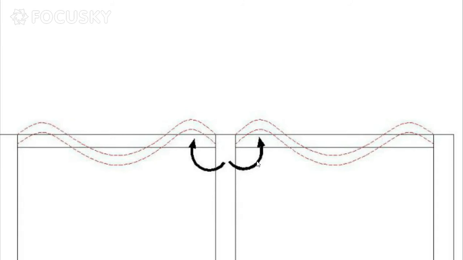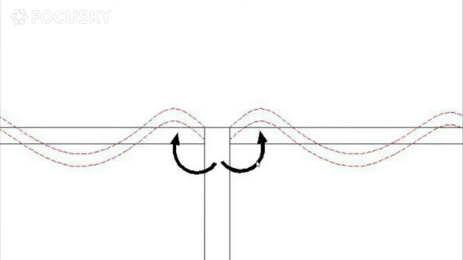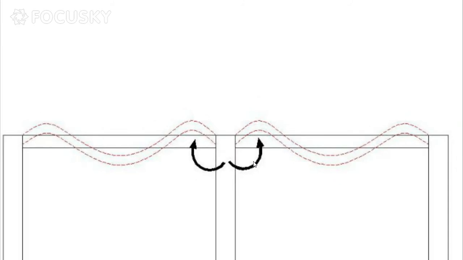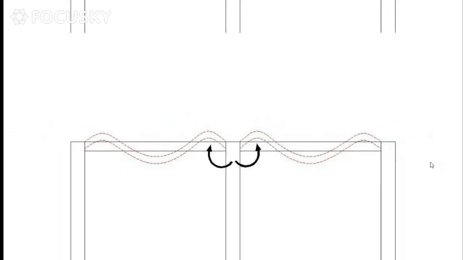One is clockwise and another one is anti-clockwise. So these two moments counteract each other and we won't have any moments acting on the column in this direction. So when both the beams are loaded, there isn't going to be any moment in the horizontal axis.